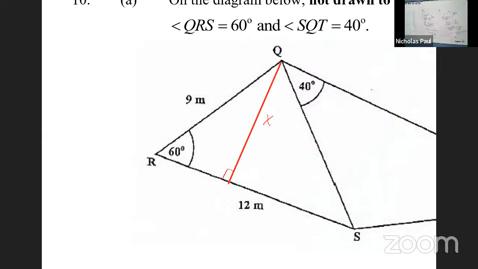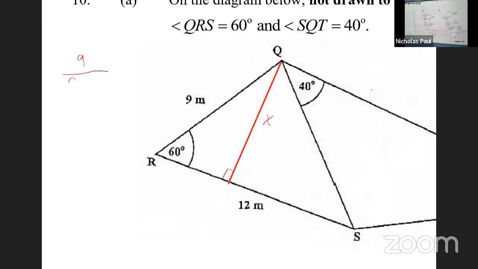I have a little piece between 6 degrees and the right angle. It's 12 meters? Little piece between 6 degrees and the red line is 9. Now, R all the way to S is 12, so you can't use 12. All you can use is 9 and the opposite angle, which is 90.